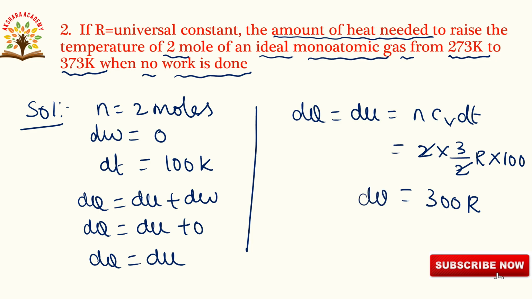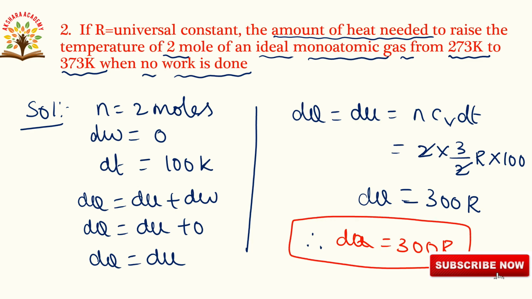So that is dq is equal to 300 R. Therefore du is equal to dq is equal to 300 R. This is the final answer.